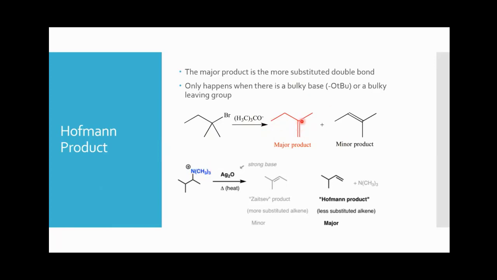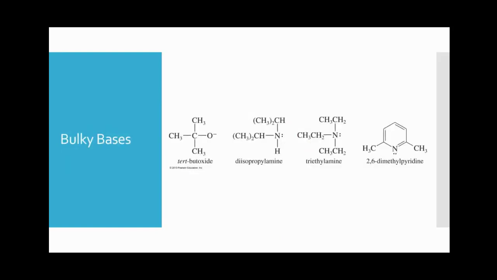So in this one, the major product would be the Hofmann product right here, which only has two substituents, whereas the minor has three. And this one, same thing. This is a really bulky leaving group, and so it will give the Hofmann product. Here are all the common bulky bases that people usually use to do E1.